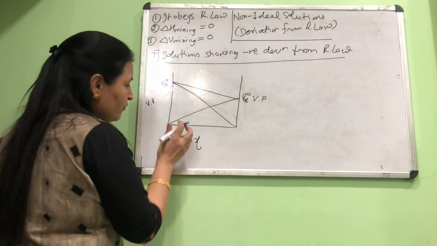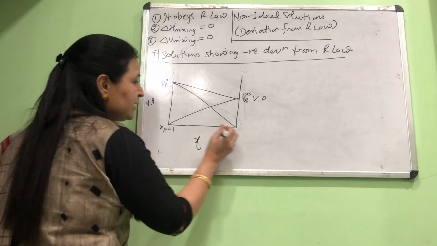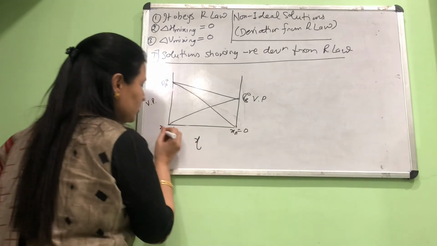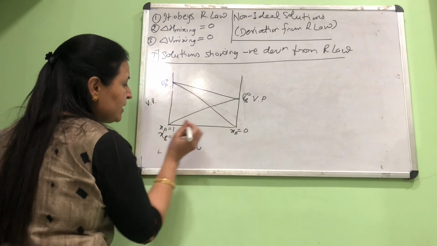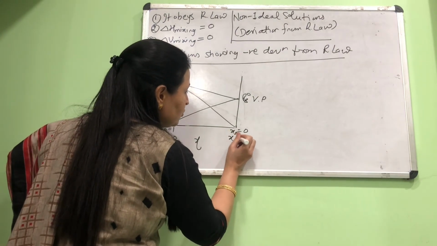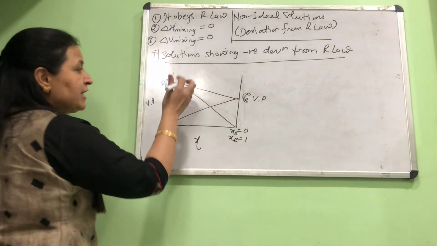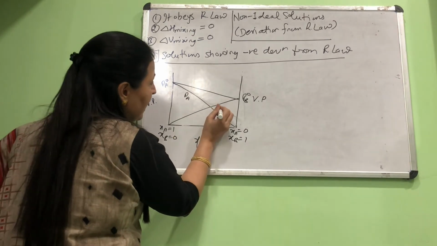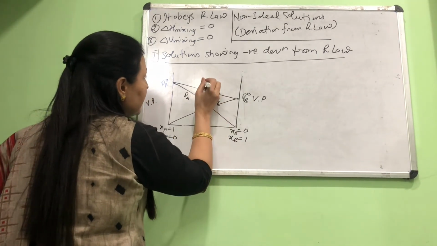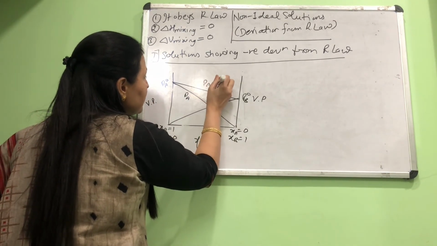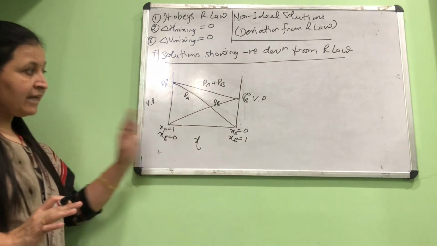When the mole fraction of A is decreasing from 1 to 0 and the mole fraction of B is increasing from 0 to 1, these should be the variations in PA and PB, and this line gives you PA plus PB. This is the ideal situation.